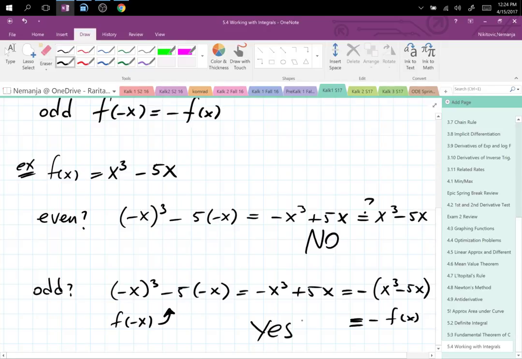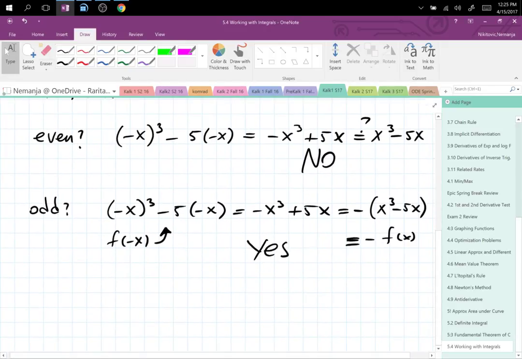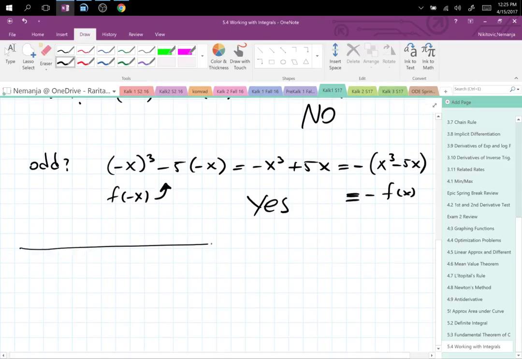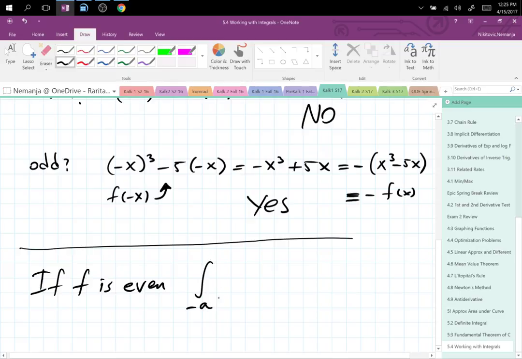If you know these properties and know how to check them, then you can say the following. If f is even, then the integral from negative a to positive a of f of x dx is equal to two times the integral from 0 to a of f of x dx.